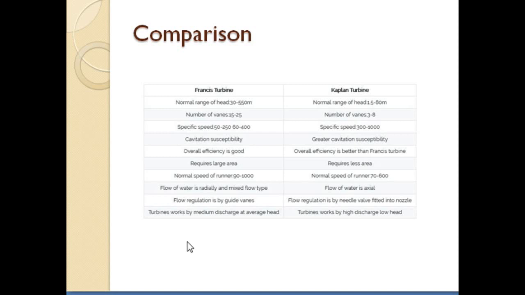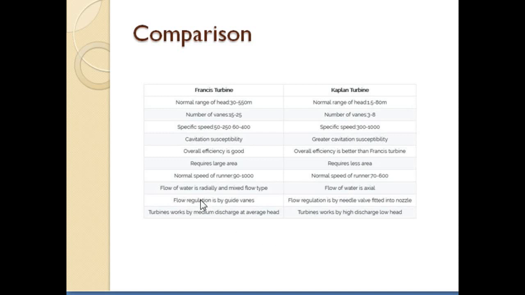Normal speed of the rotor is 70 to 600. As we have discussed, flow is radially in and axially out, which we call mixed flow. In the case of Kaplan, it is only in the axial direction. Water falls from the top and leaves from the bottom.